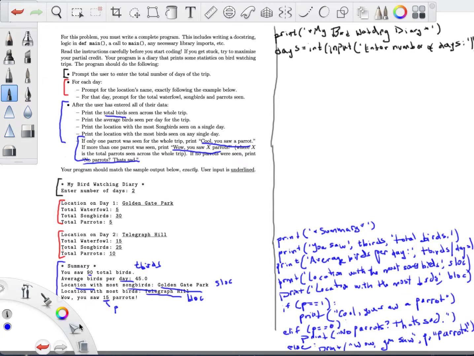Okay, so now I still have to do all the stuff in the middle, but I have some decisions I've already figured out. Is that I gotta print that stuff. So I gotta populate t-birds, I gotta populate sloc, I gotta populate bloc, I gotta populate p in order for those print statements to work properly.